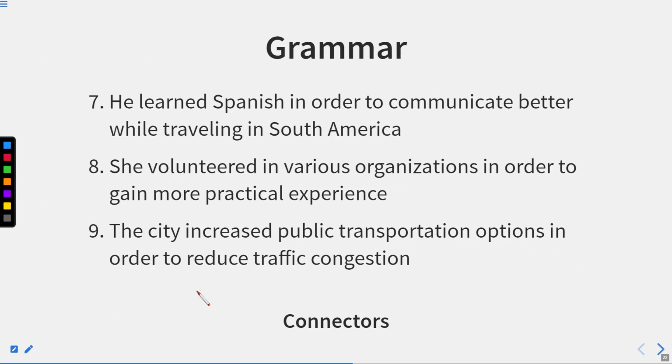He learned Spanish in order to communicate better while traveling in South America. She volunteered in various organizations in order to gain more practical experience.